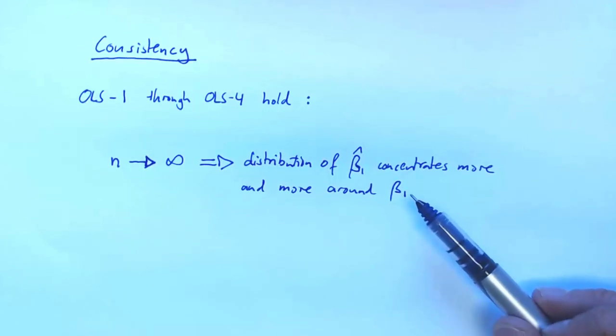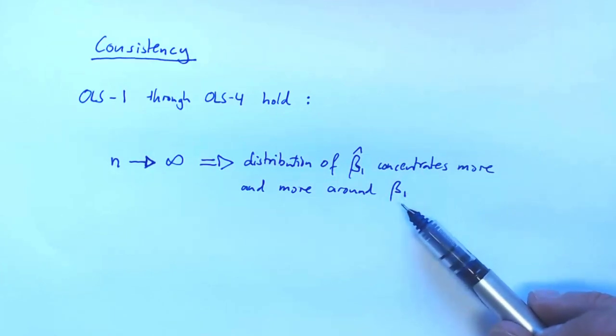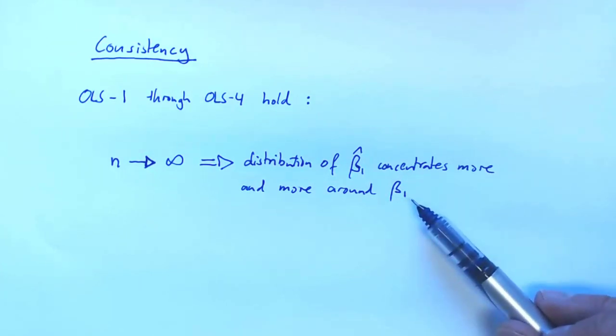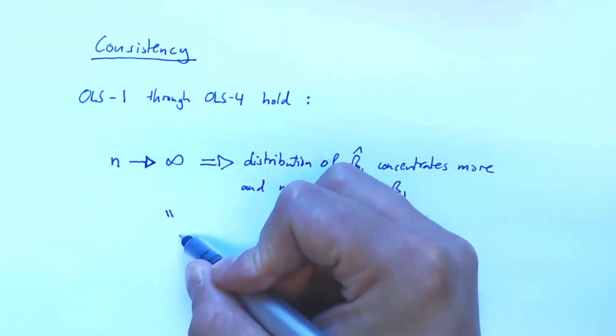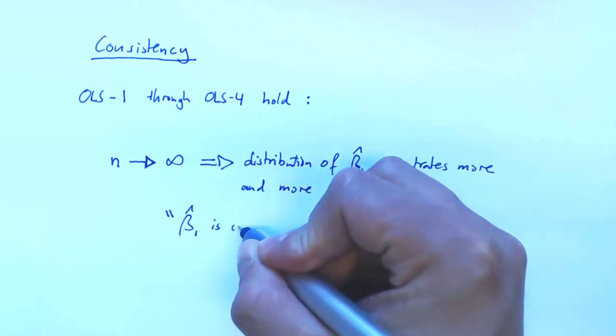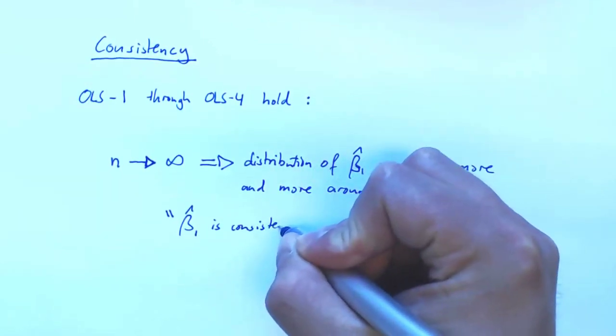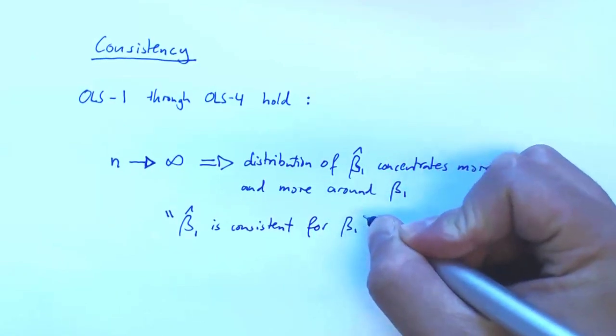So as we increase the sample size, basically we diminish the risk of having realizations that are far from the truth. And we say beta hat 1 is consistent for beta 1.